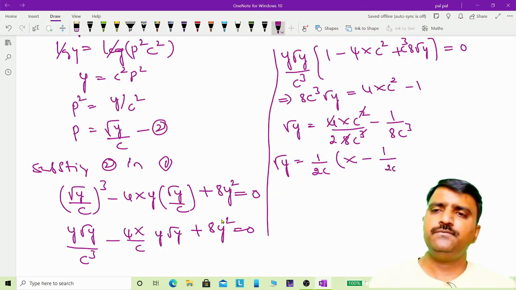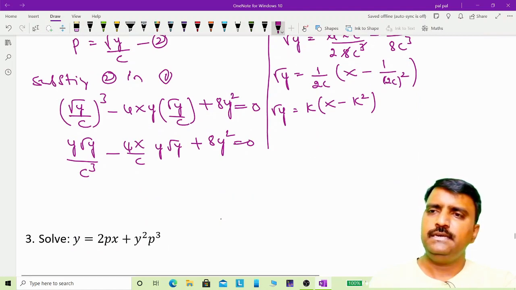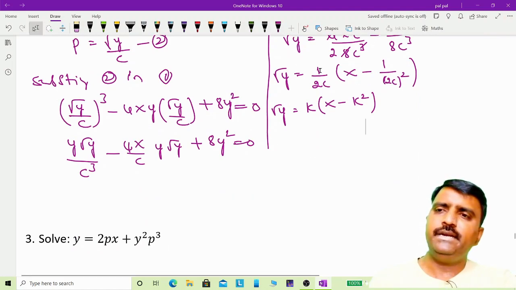You can write that 4c square is 2c square. So root y is equal to k into x minus k square. Sorry, it may not be visible now. Yes, you see now I am writing 1 by 2c as k, so k into x minus k square.